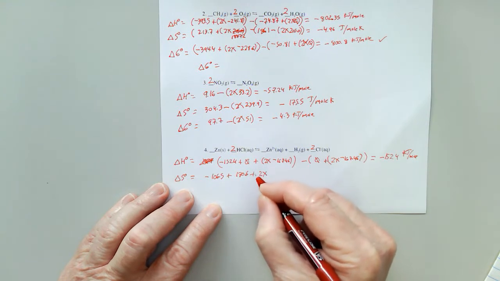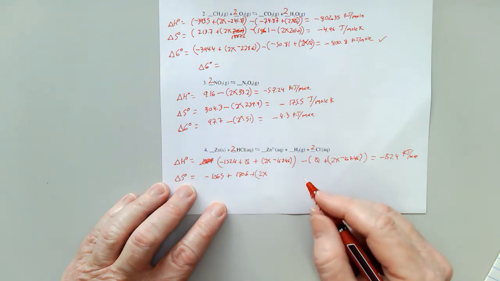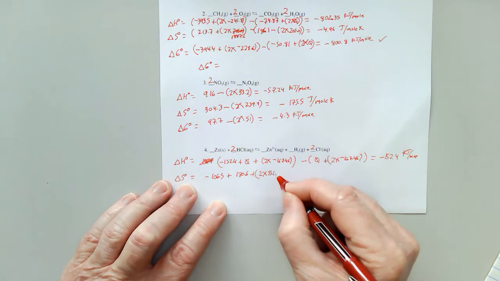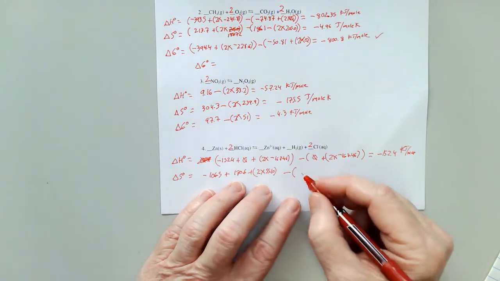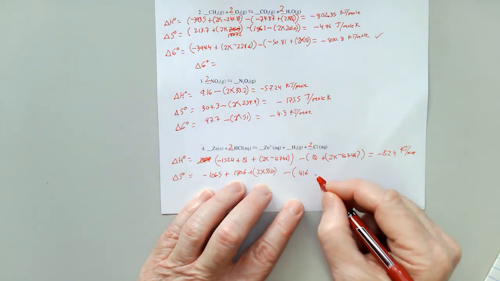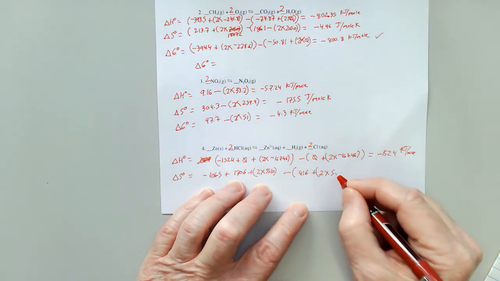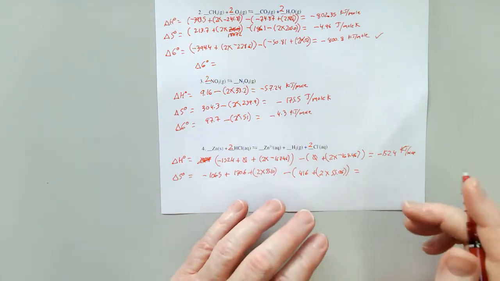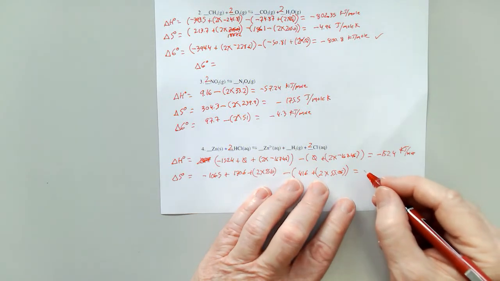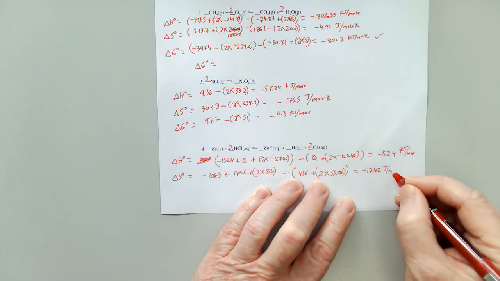Plus 2 times the value for the Cl minus, that's going to be 55.10. Minus, now for plain old zinc, 41.6. Plus 2 times the value for HCl, which is 55.06. Run that through my calculator, I get negative 17.42. But that's joules per mole K.